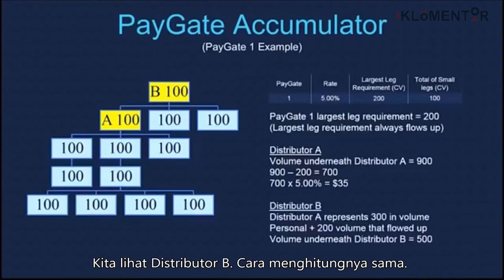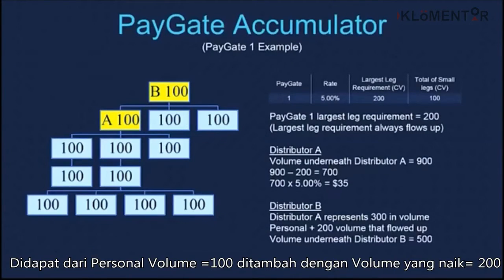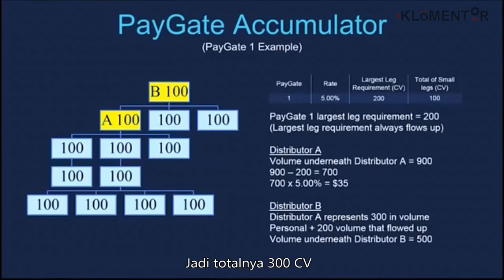Now if we look at Distributor B, we calculate it in the same way, but we need to remember that Distributor A now represents 300 in volume for Distributor B. They've got their personal volume of 100, plus they've got that 200 of volume that has flowed up to the next level. So in total, they represent 300.